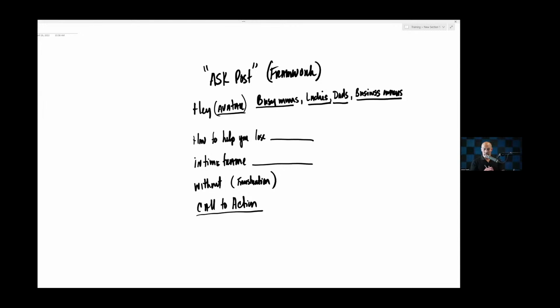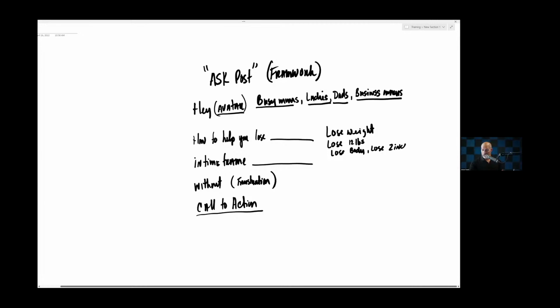Now, the other thing we want to do is get specific on how we help someone. So, we could say lose weight. We could say lose 12 pounds. We could say lose body fat, or we could say lose 2 inches.